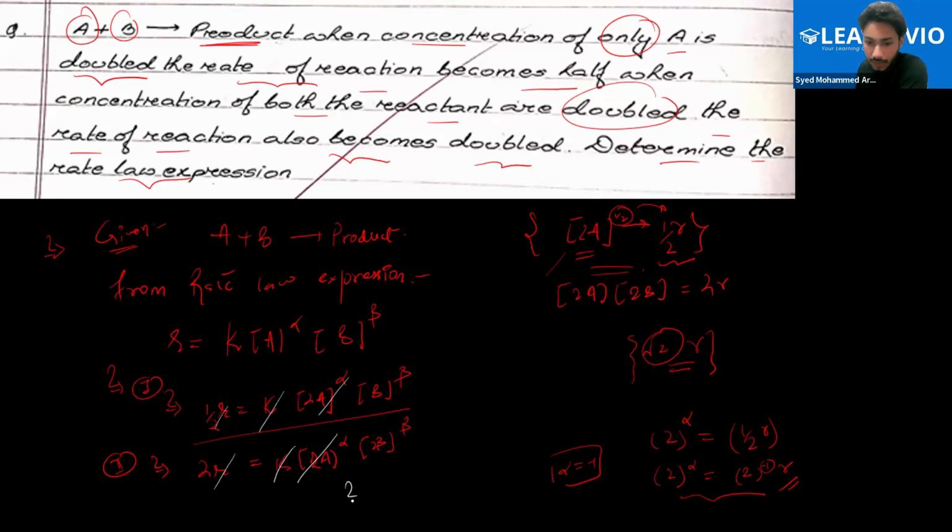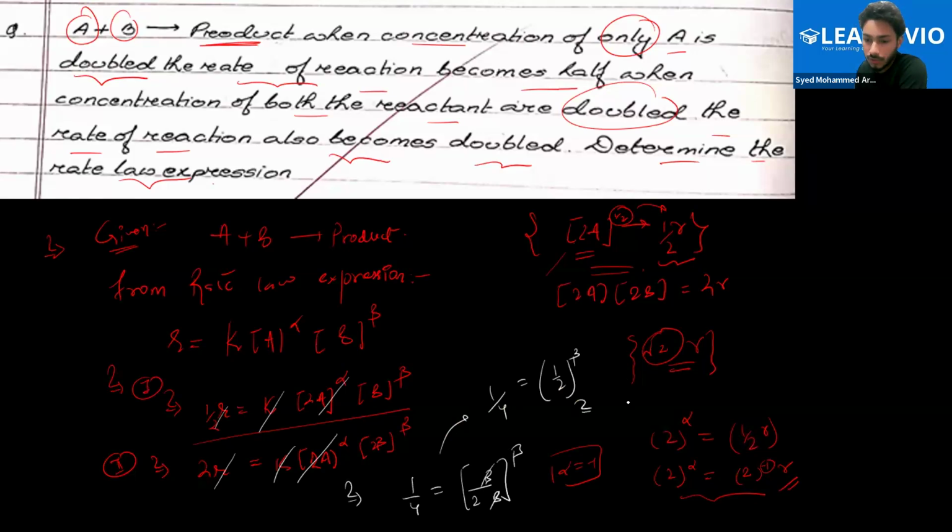And you'll end up with this: 1 upon 4 equals b upon 2b raised to the power of beta. So b and b cancel out, and we end up getting 1 upon 4 equals 1 upon 2 raised to the power of beta.